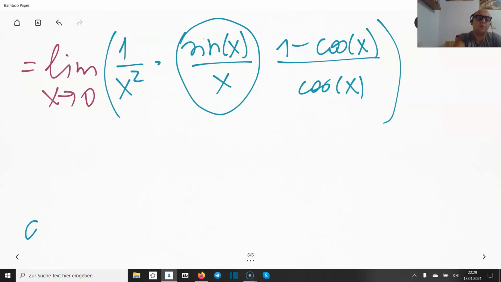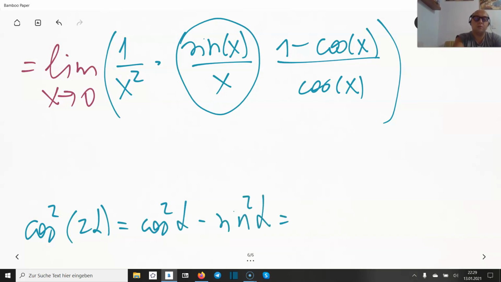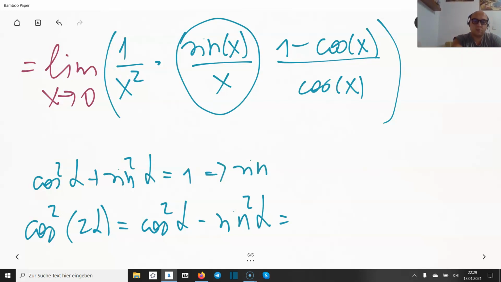Let's see. So we know that cosine of 2 alpha is cosine squared of alpha minus sine squared of alpha. And also, of course, cosine squared alpha plus sine squared alpha is giving me 1. So I can rewrite it. Sine squared is just 1 minus cosine squared, or cosine squared is just 1 minus sine squared.